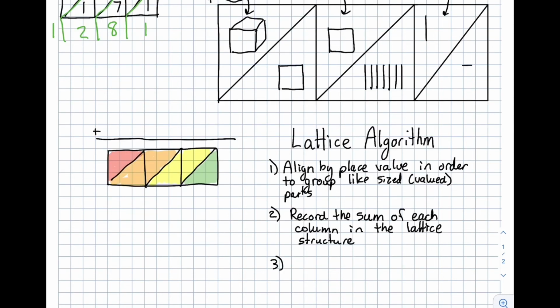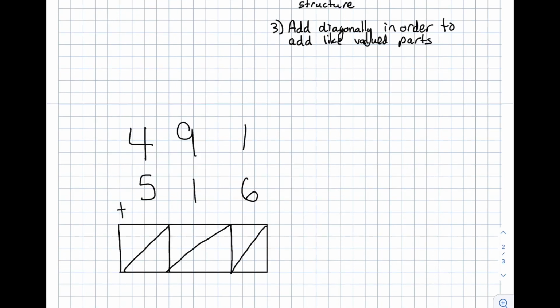As we saw with our manipulatives, we have like place values aligning diagonally with the ones, the tens, the hundreds, and the thousands. We could, of course, go further than this, so we add diagonally in order to add like-valued parts. This algorithm doesn't completely get rid of the need to carry. However, it does tend to reduce it.